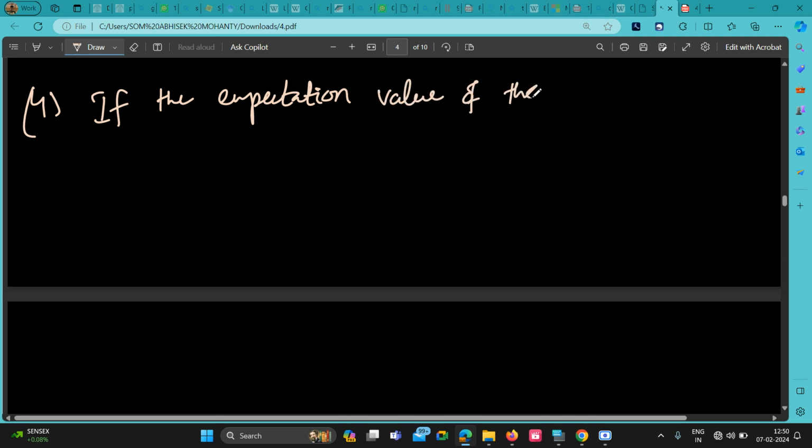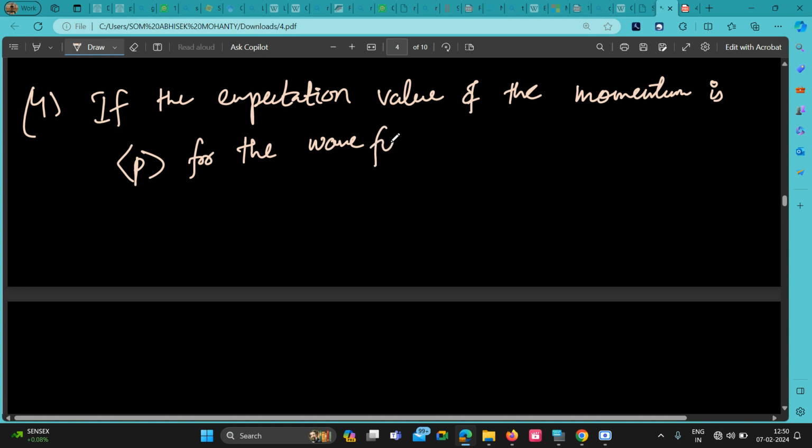So, for the expectation value of the momentum: the expectation value of the momentum is p for the wave function psi x.